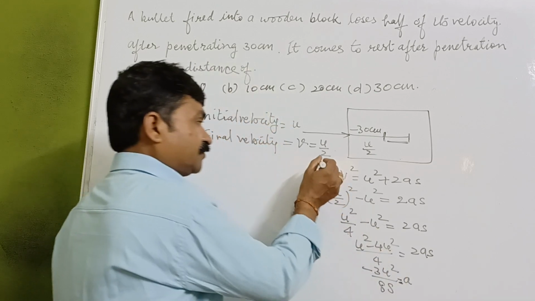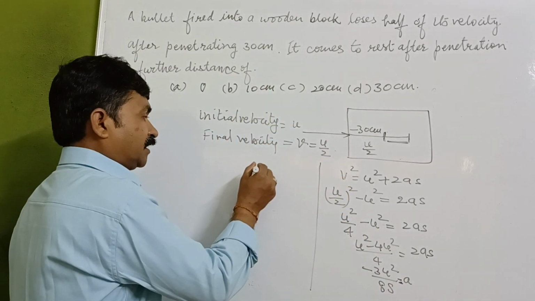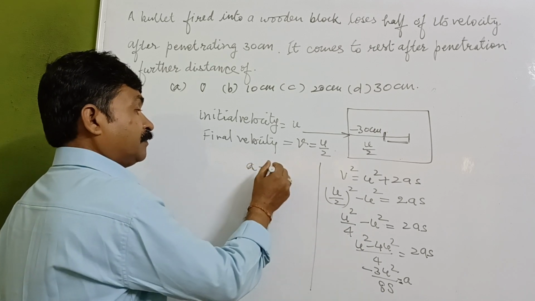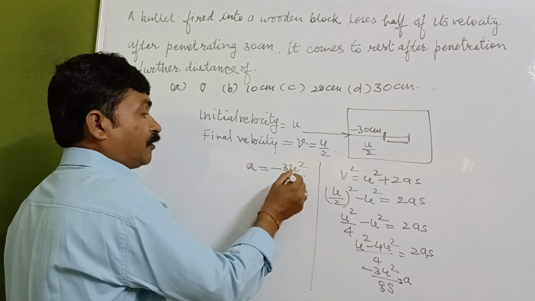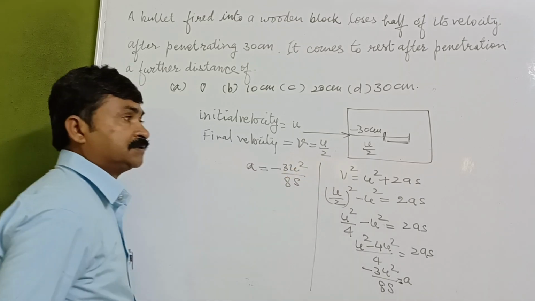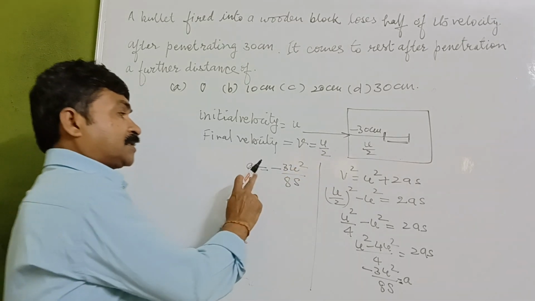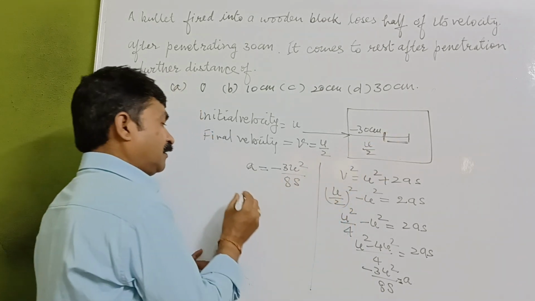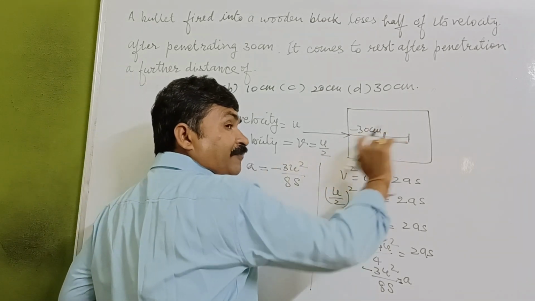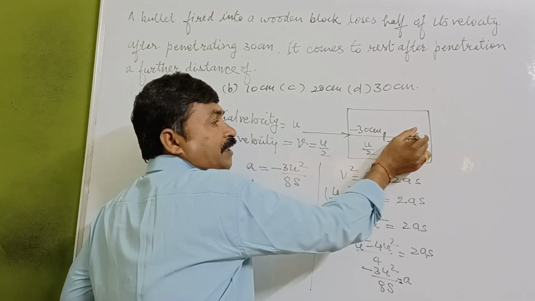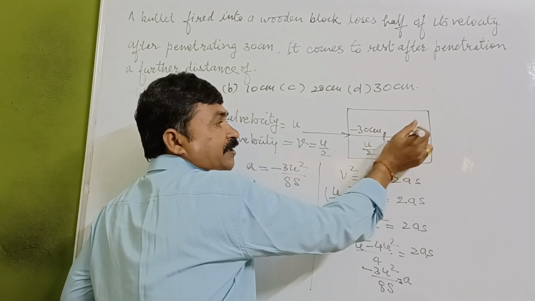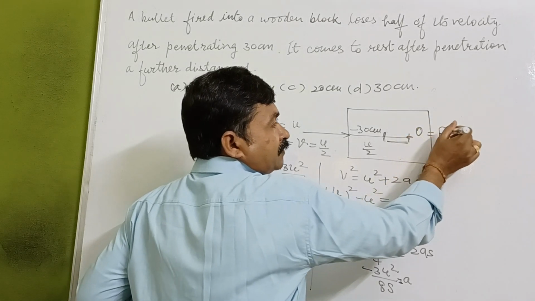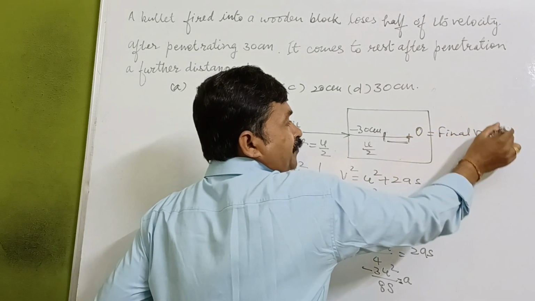The acceleration which we have got here is minus 3u square upon 8s. Now here it is the initial velocity when it is penetrating further, from here to here, and here it is coming to rest. So the final velocity at this point will be 0.